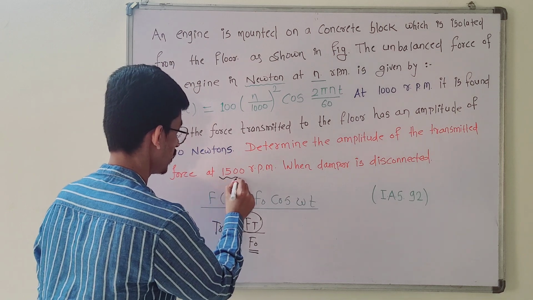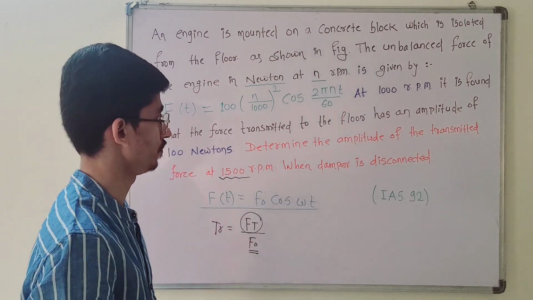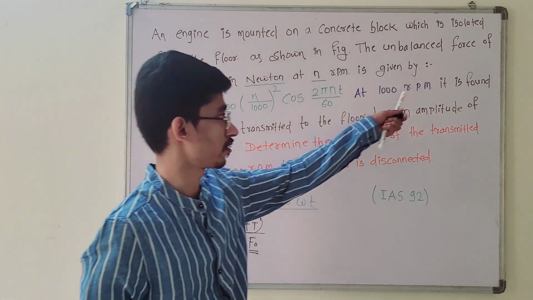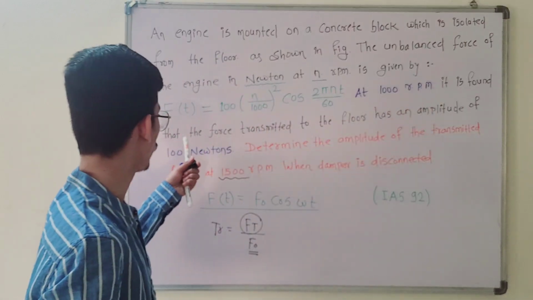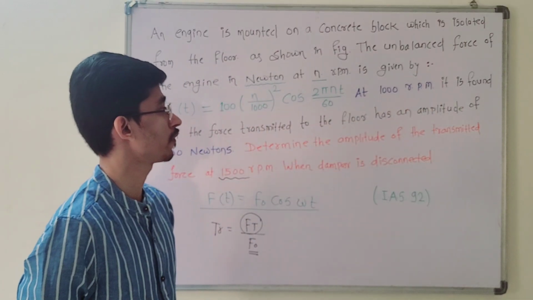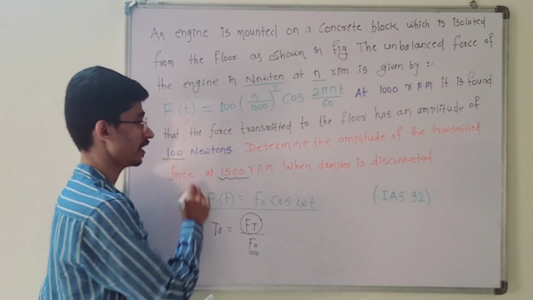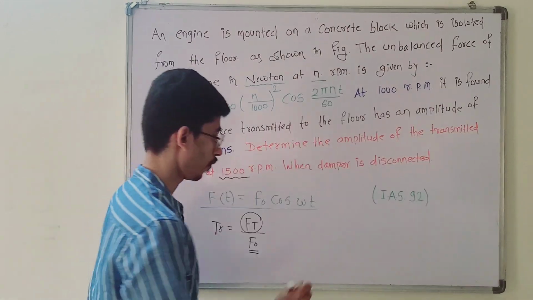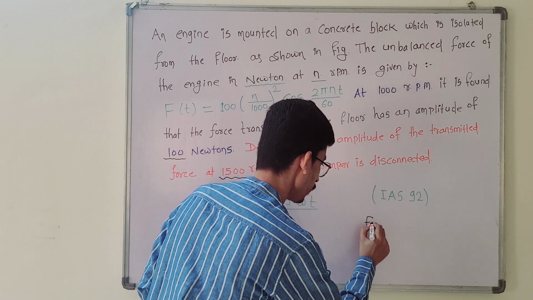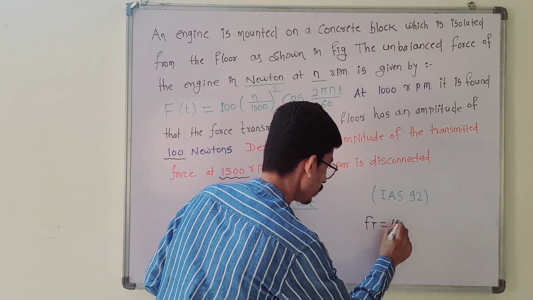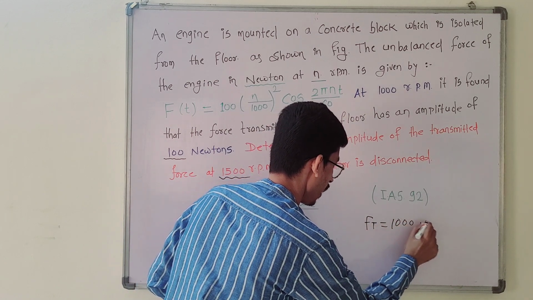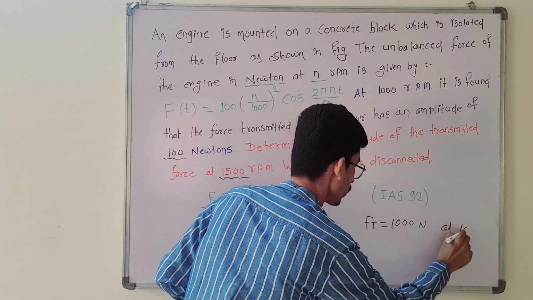So this is the complete form of the question. At 1000 rpm, it is found that the force transmitted to the floor has an amplitude of 1000 newtons. So in the first case they have provided the force transmitted: force transmitted is equal to 1000 newton at 1000 rpm.